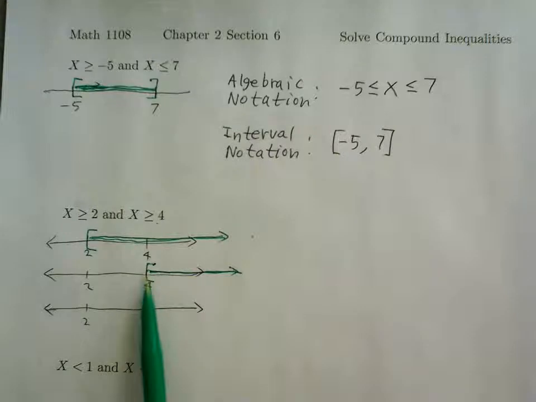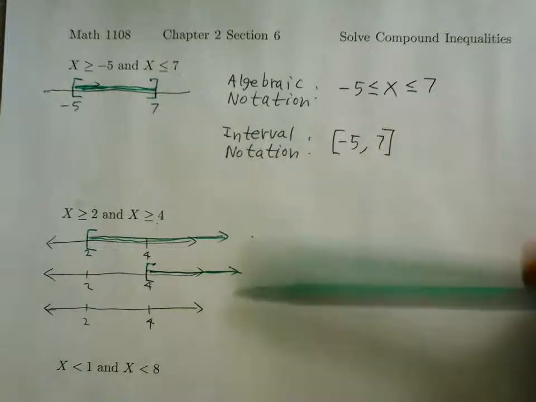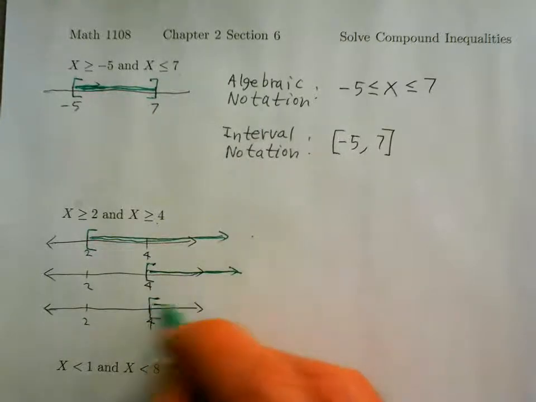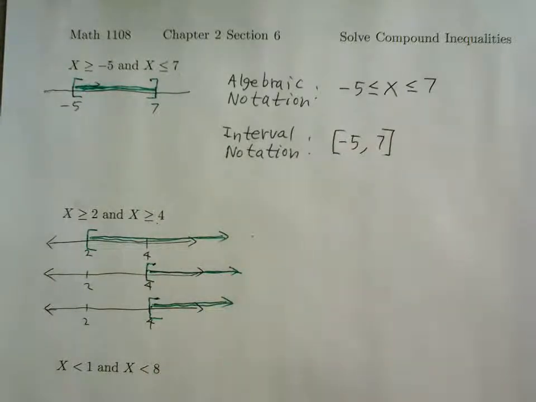So the intersection or the overlap are just the numbers from 4, including 4, and to the right. That set of numbers is in both sets. So the overlap is from 4, including 4, to infinity. Okay, so the bottom graph is the intersection.